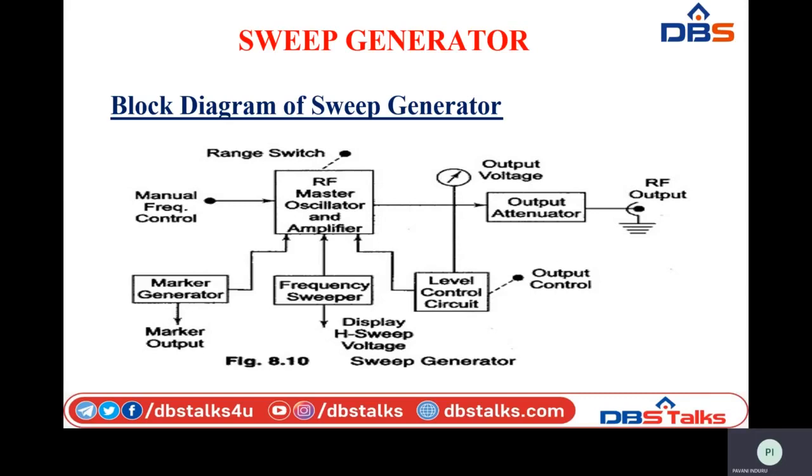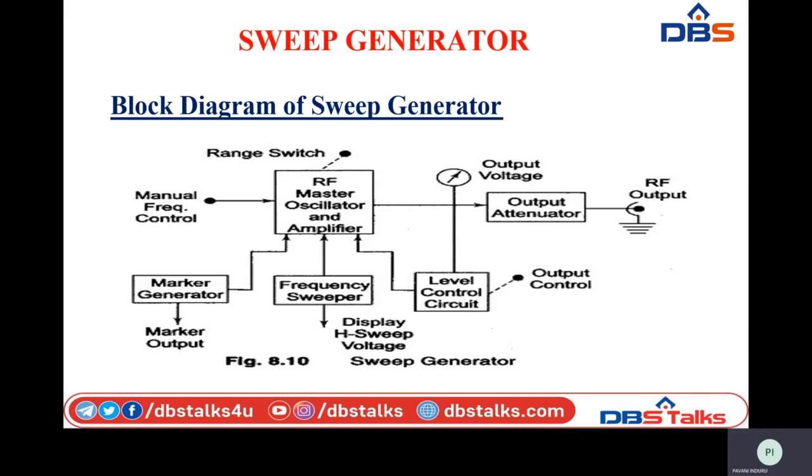Or else the frequency modulation can be established with the help of the frequency sweeper as well. This frequency sweeper generates a modulating voltage to alter the frequency of the master oscillator. If we establish the frequency modulation with the help of that electronic circuit, it is the electronic method.